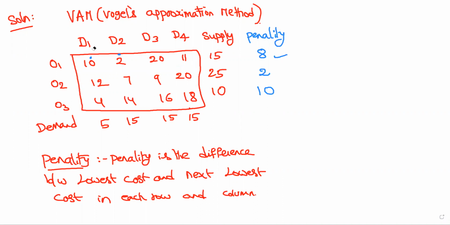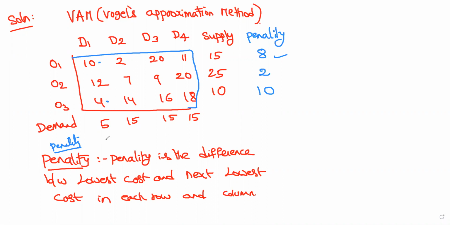Now I have to go column-wise. Let's see the first column. Column penalty I'm giving. In the first column, the least element is 4 and the next least element is 10.